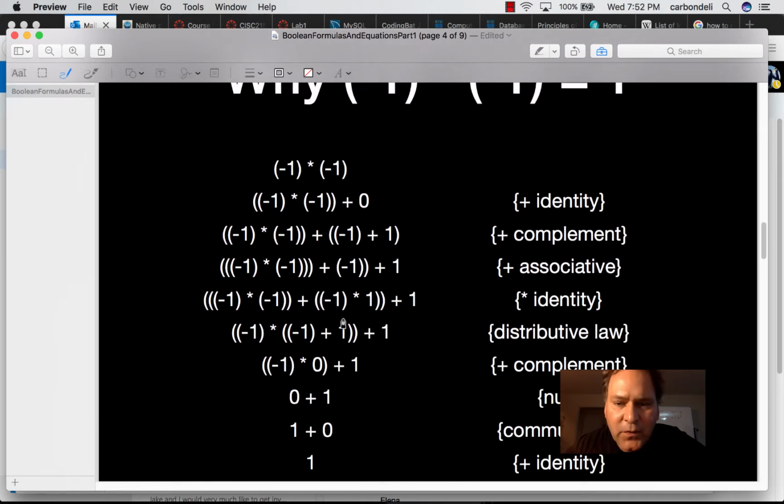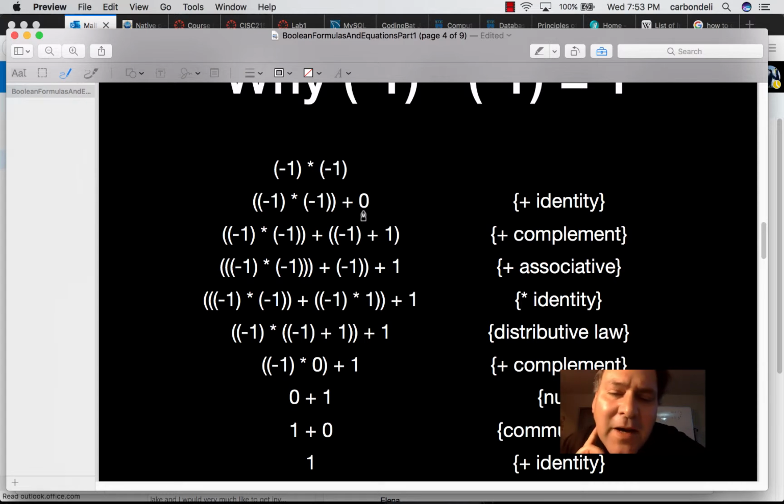And you can see the steps in between rely upon the equations we just looked at. So for example, identity. Being able to add 0 opens up possibilities for the application of other equations or axioms that we've looked at.